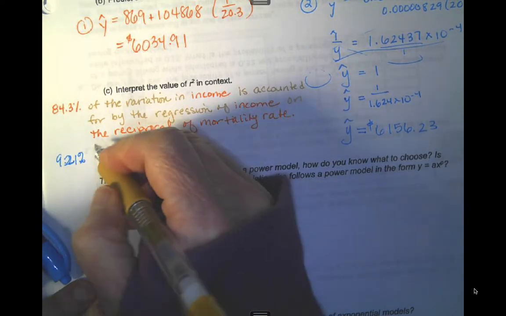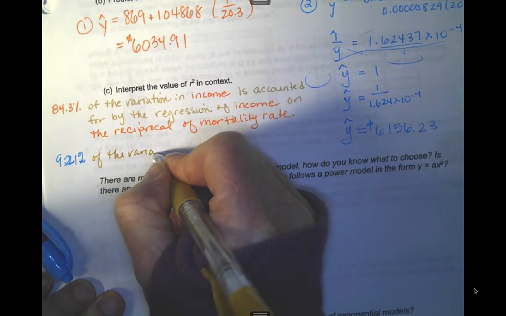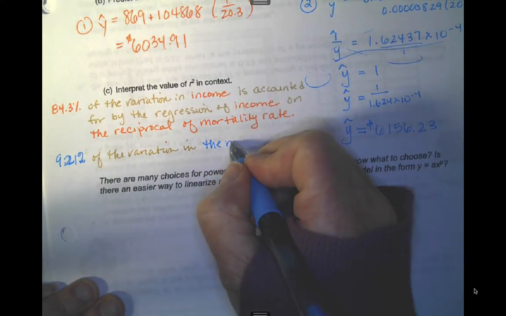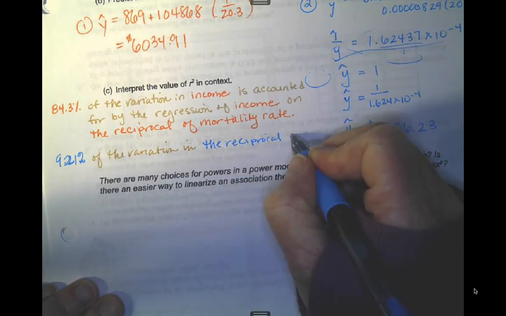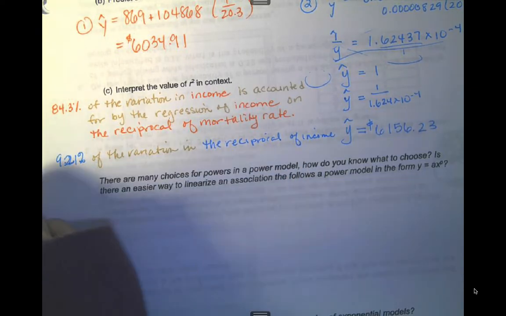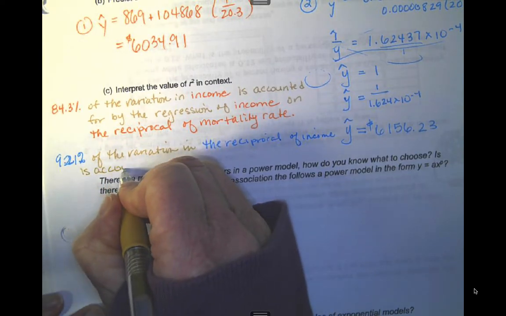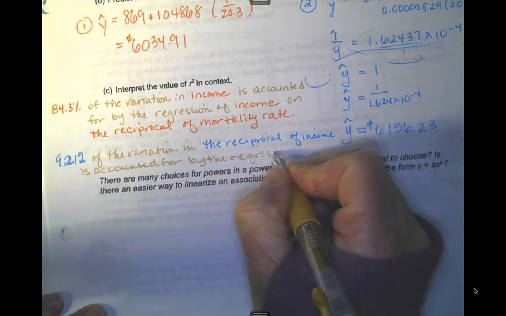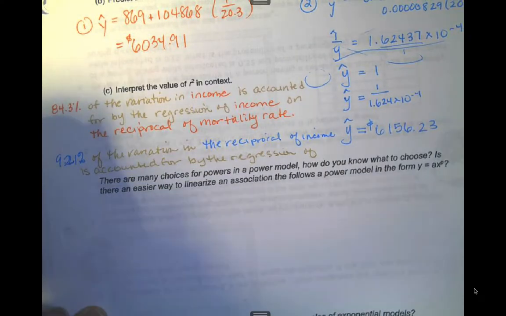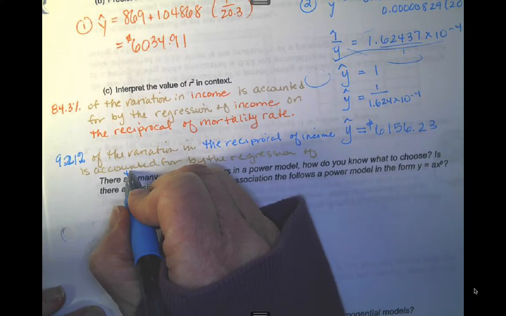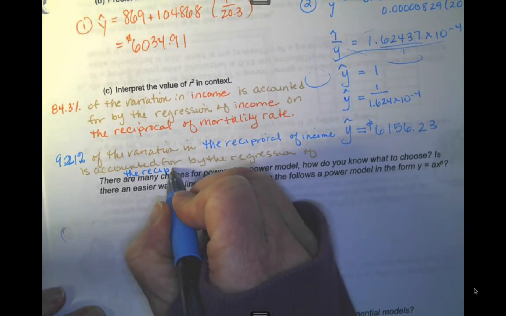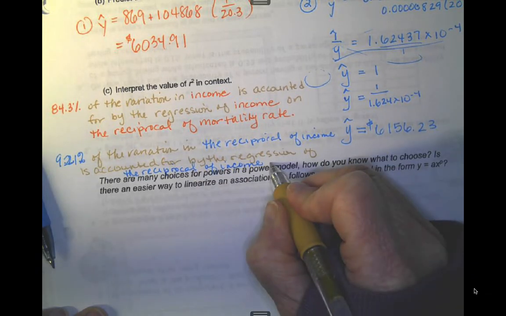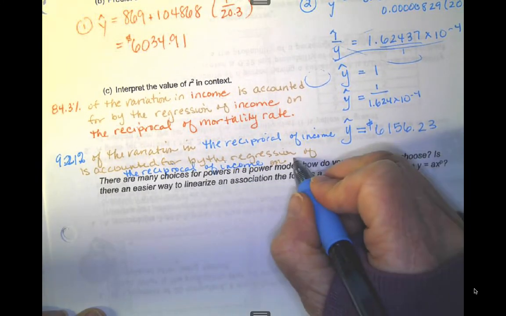So again, of the variation in, now in this case, it's not income, for the next one it was the reciprocal of income, is accounted for by the regression of, and again, now the y variable is the reciprocal of income on the mortality rate.